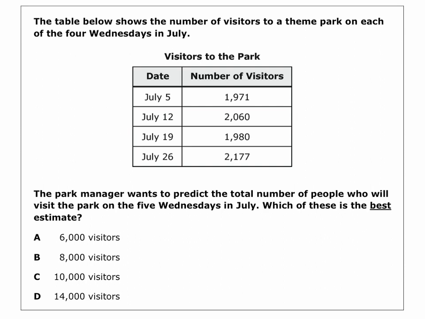So we could say that on any given Wednesday, there's going to be about 2,000 visitors in the park. So if there's about 2,000 visitors for each Wednesday, and there were 5 Wednesdays, we would do 5 times 2,000, which is C, 10,000 visitors total through all 5 Wednesdays in July.